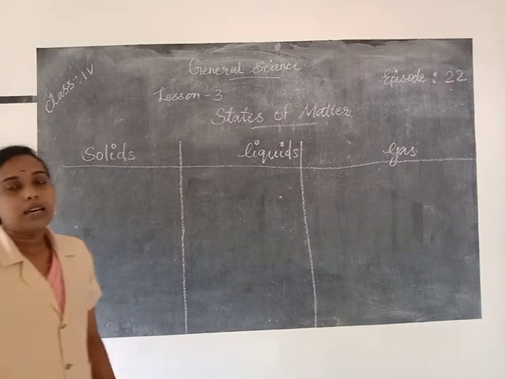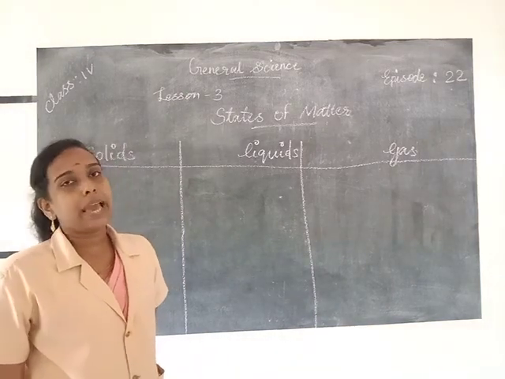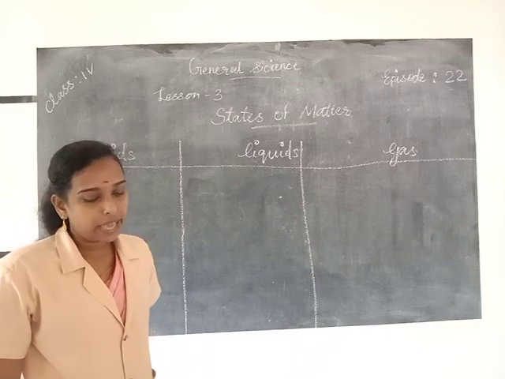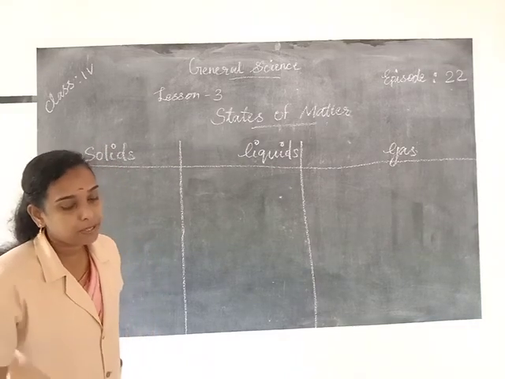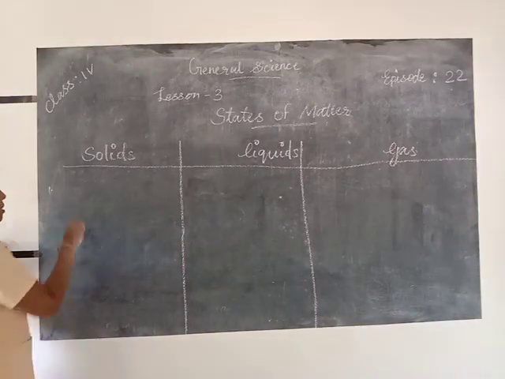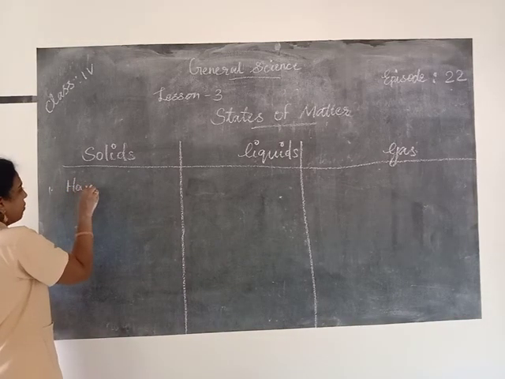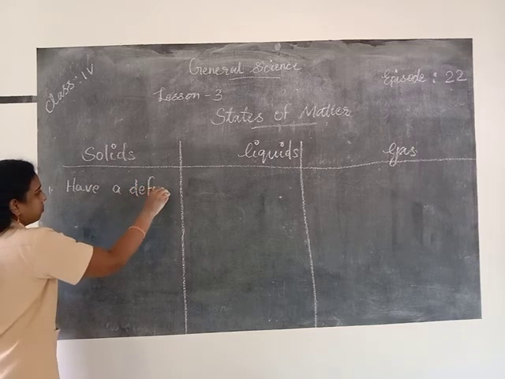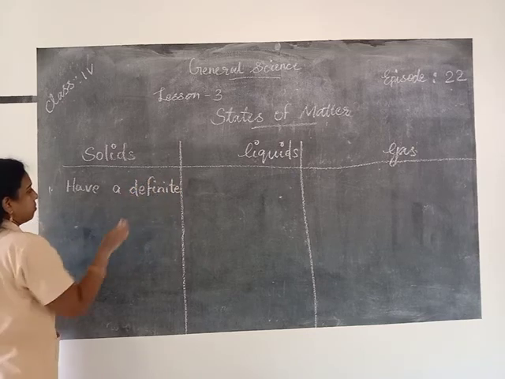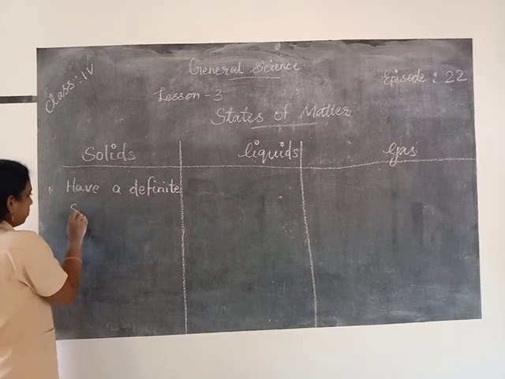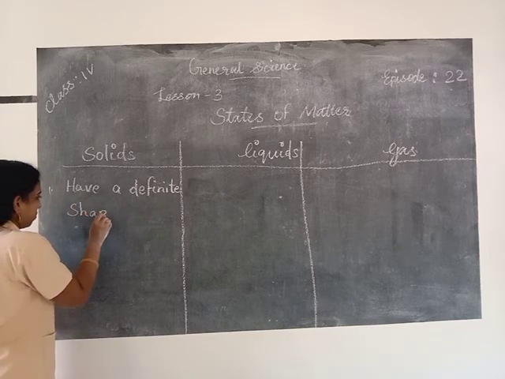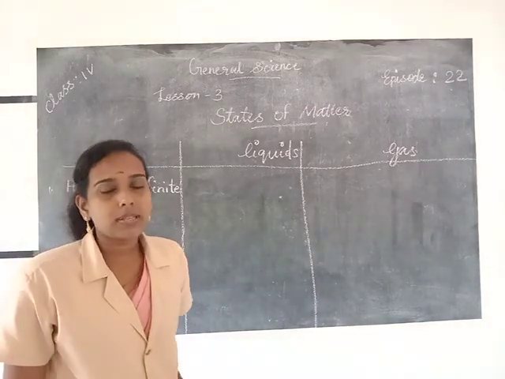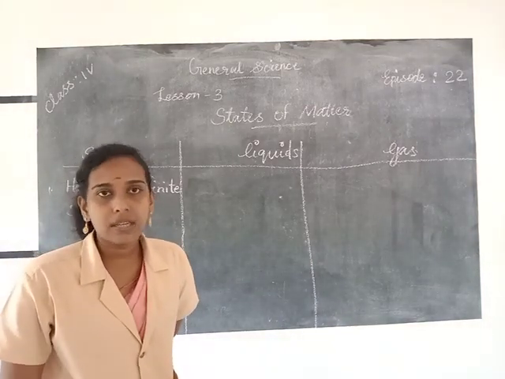In solids, molecules are closely packed and they cannot move freely. So solids have a definite shape.